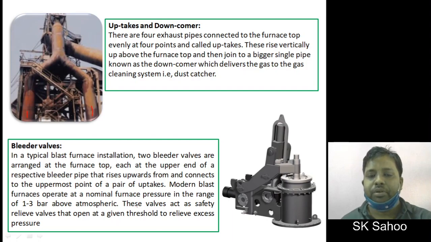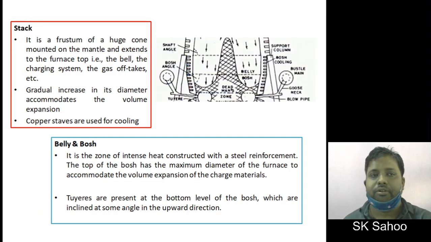So we have to maintain the inside pressure at a higher level, and when the pressure exceeds a threshold value, the bleeder valves open. They may be operated by hydraulics or by counterweight. So these are the safety valves in a blast furnace.